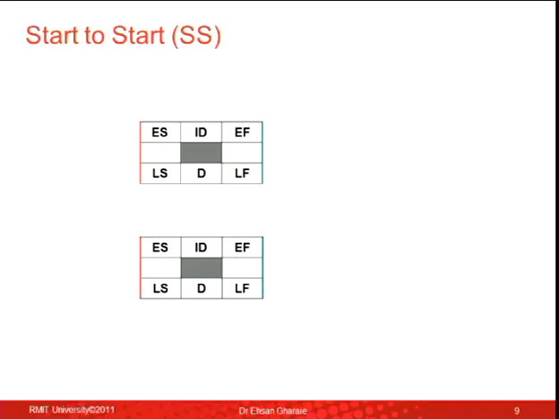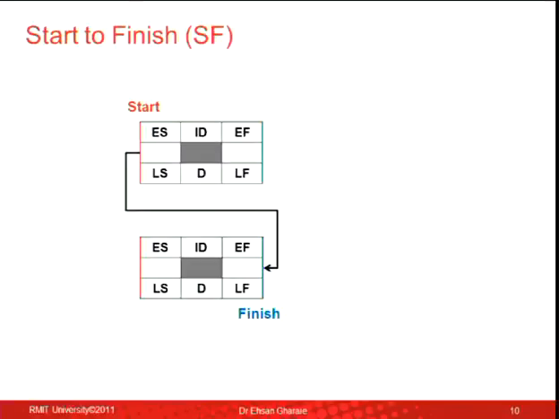If the relationship is start to start, this is a start, this is a start, you draw an arrow between two starts. And if it is start to finish, this is the start of the activity, this is the finish of the activity, so there should be an arrow between a start and a finish. So when you are drawing the network, you draw the box, you draw the relationship, draw the box, draw the relationship. You look at the relationship and you draw an arrow between the starts and finishes. Any questions so far?